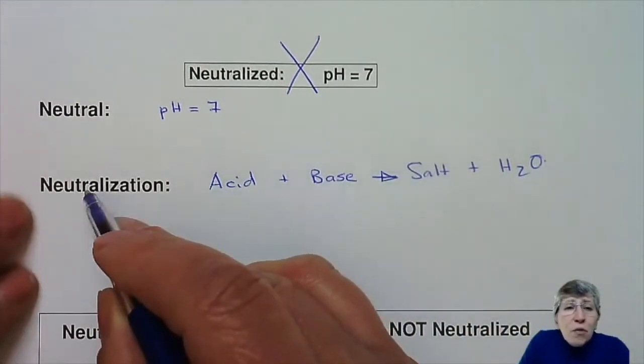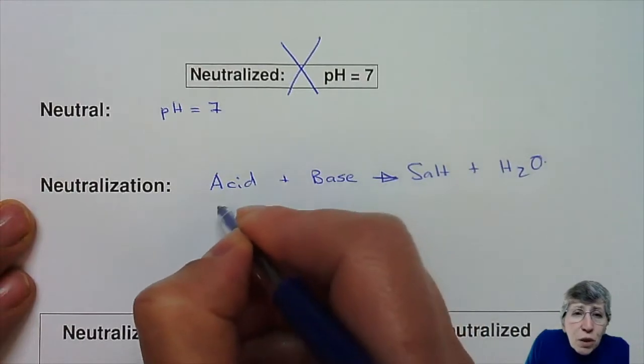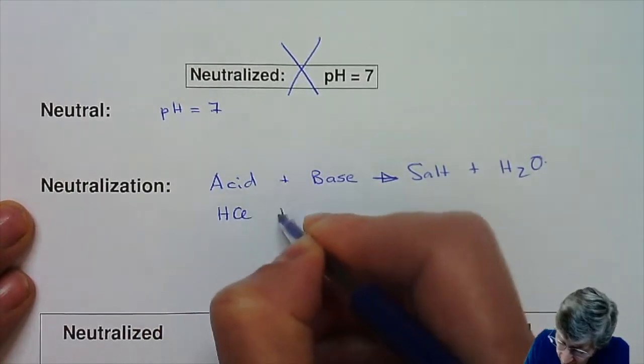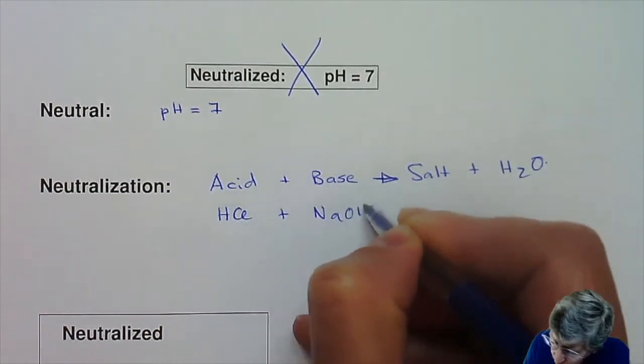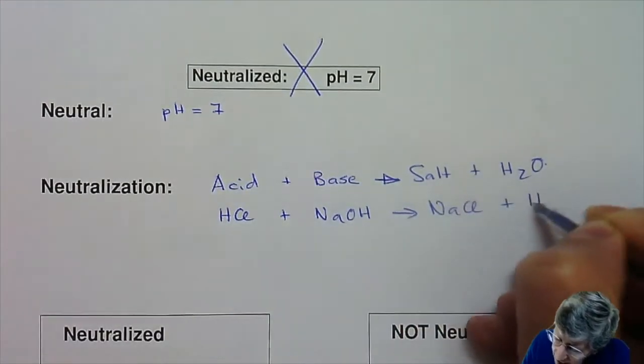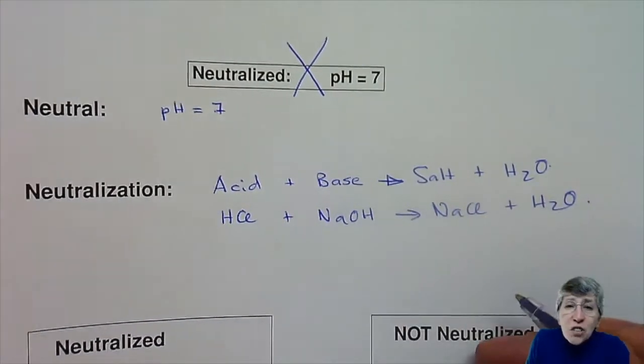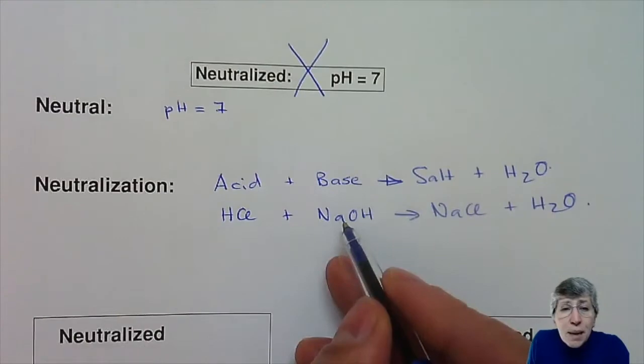So for instance, say you had HCl and that reacted with NaOH, that would have given you NaCl and H2O. So this is a neutralization reaction, a reaction of an acid and a base.